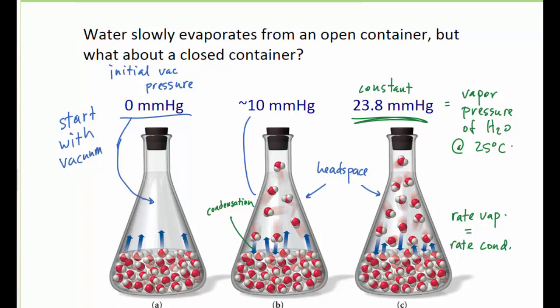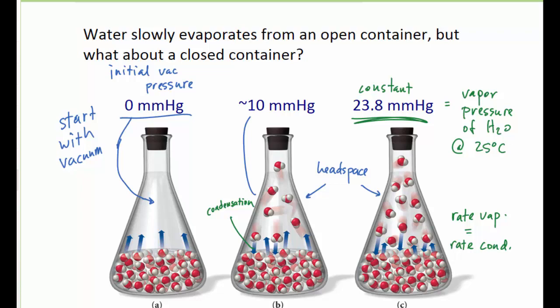If we change the temperature, we're changing the ratio of molecules that are able to vaporize, so the vapor pressure ends up being different. So, starting with a vacuum, the water molecules will vaporize, but as we get more vapor molecules, we actually have more condensation that happens, and that condensation continues to increase until those two opposite processes are the same.